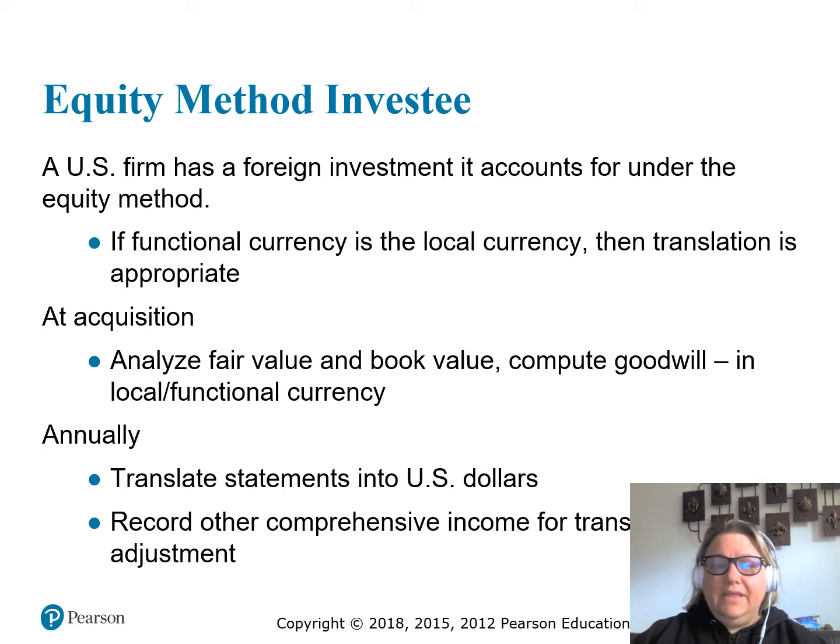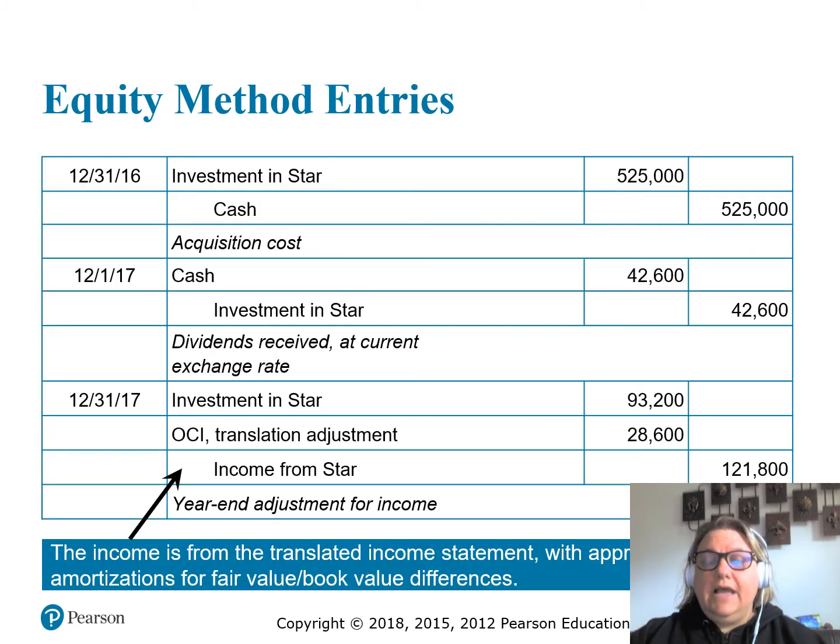And then annually, this is the most normal way this rolls, you translate it back into US dollars. Of course, you are doing those currency realizations for gains and losses on currency translation. And then you're going to record other comprehensive income, OCI.